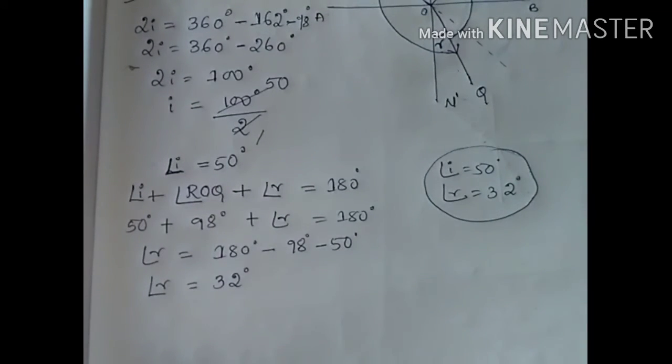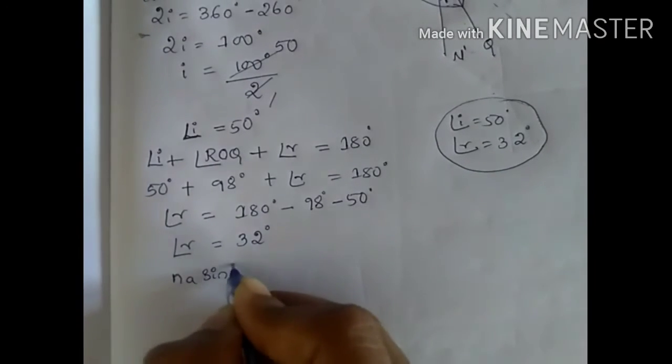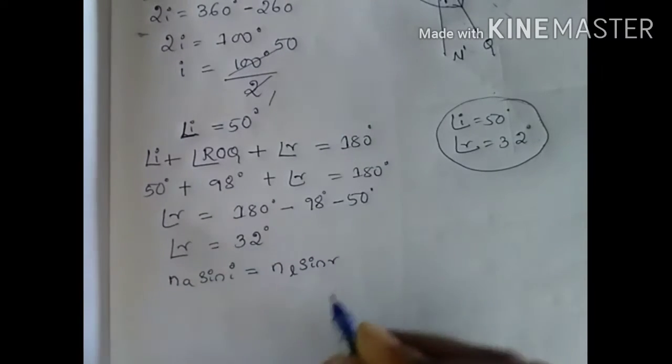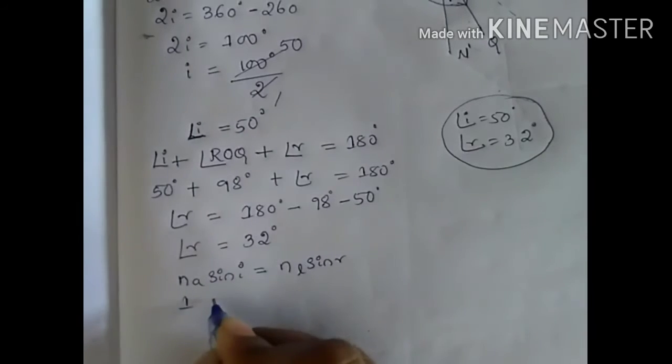From both this data we can find the refractive index of the liquid. Na sin I is equal to NL sin R. The refractive index of air is 1.